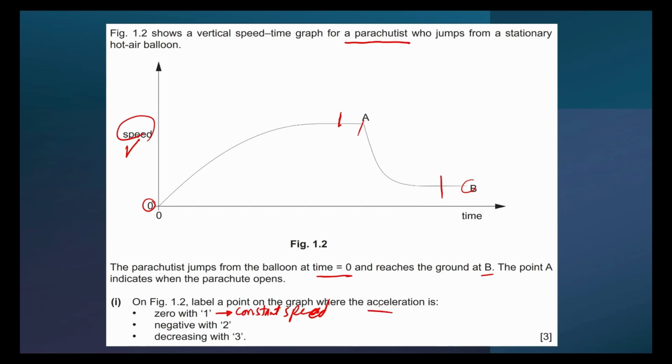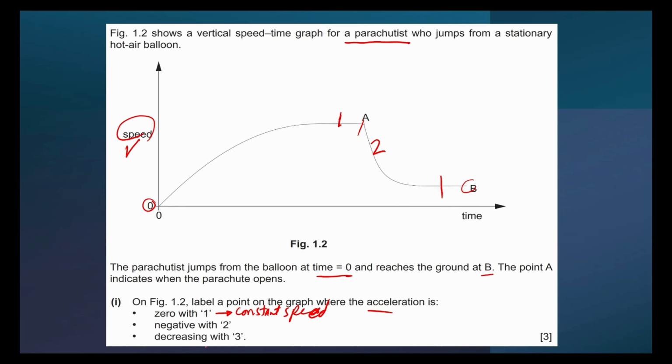Negative acceleration. Negative acceleration means the speed decreases. It is decelerating. And the only part in which the parachutist is decelerating is in this part. So we can label this 2. Good. Decreasing.